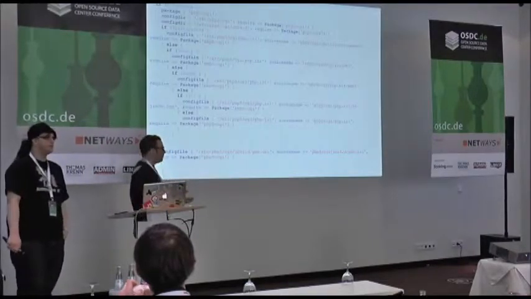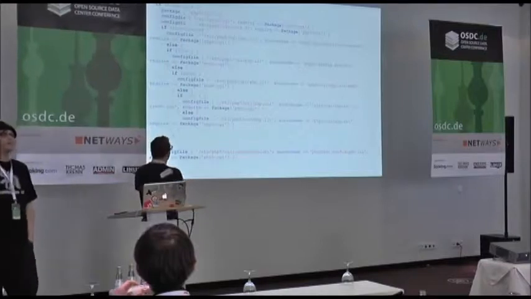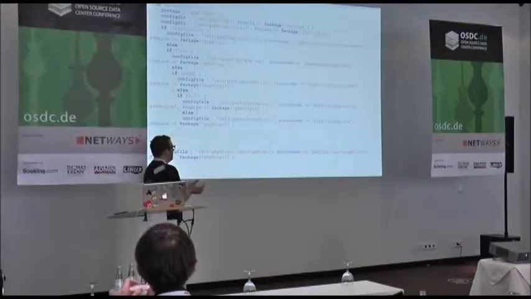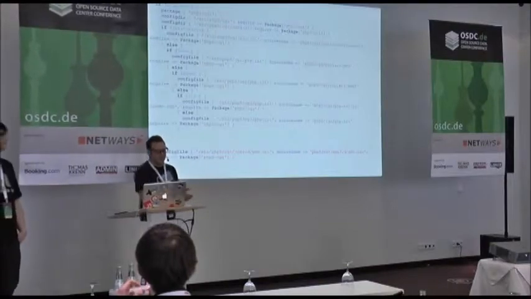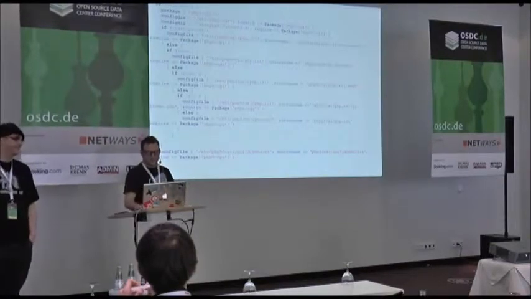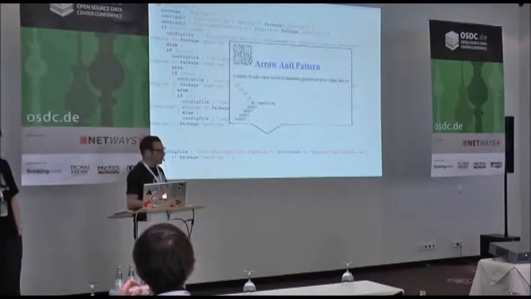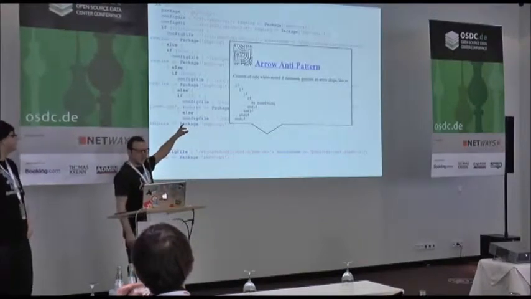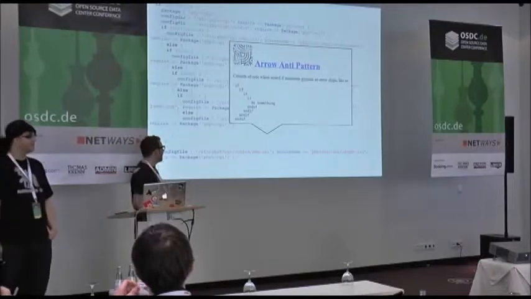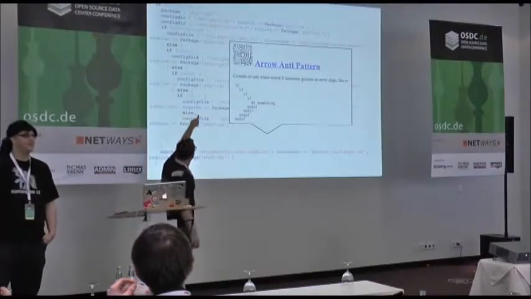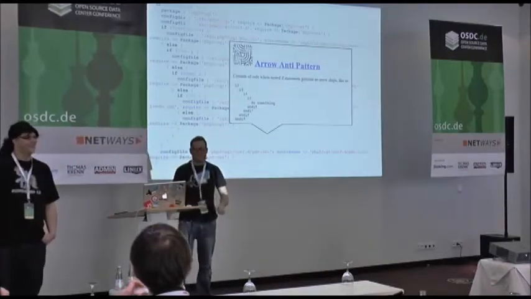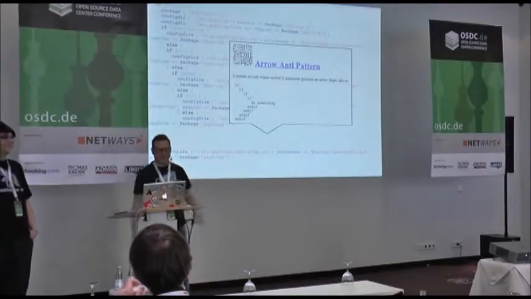And the problem here is if you want to change anything and you want to make sure that you don't break anything, then you're really lost. And actually, there's an anti-pattern word for it. It's from the C2 wiki, and it's called the arrow anti-pattern because your code somehow looks like an arrow. So there's also a name for it.